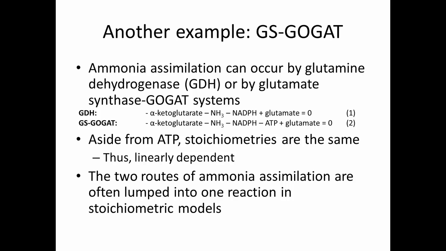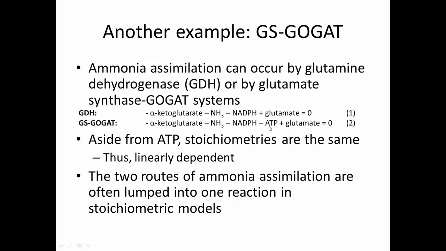Another example, we have the glutamate synthase and GOGAT system. The ammonia assimilation can occur by either glutamate dehydrogenase, this GDH, or by the glutamate synthase GOGAT system. So we have these two systems here. We've talked about them previously, where the substrate is alpha-ketoglutarate and ammonia, and we have glutamate as the product.